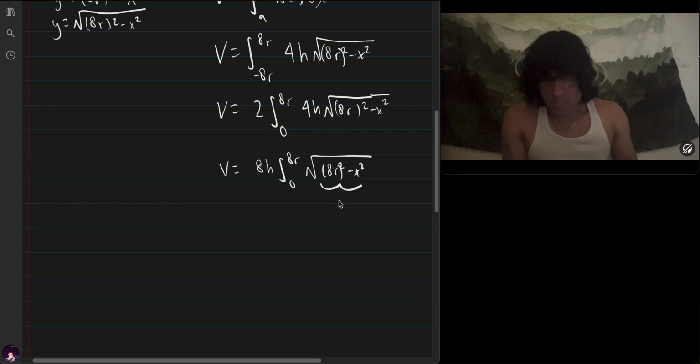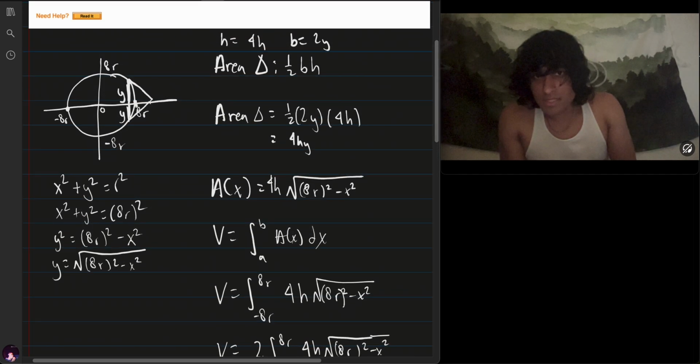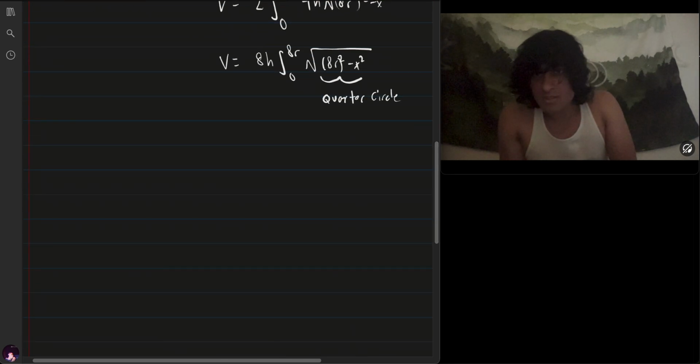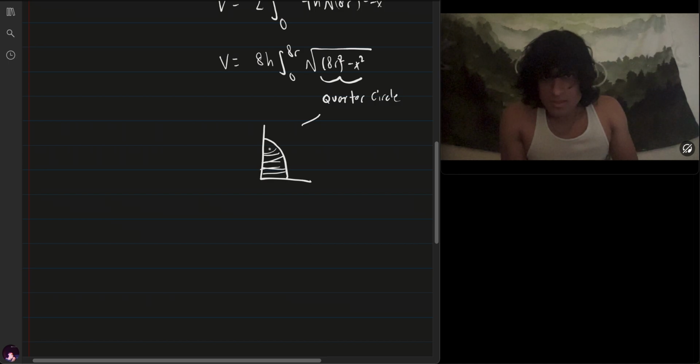This expression itself is just a quarter of a circle, because our bounds are from 0 to 8r, and we're dealing with just this part right here, right? If I wanted to graph this, it would look like this. You just find the area of this.